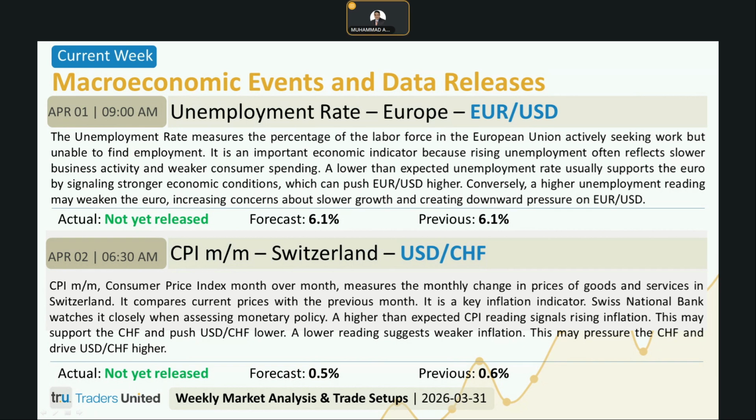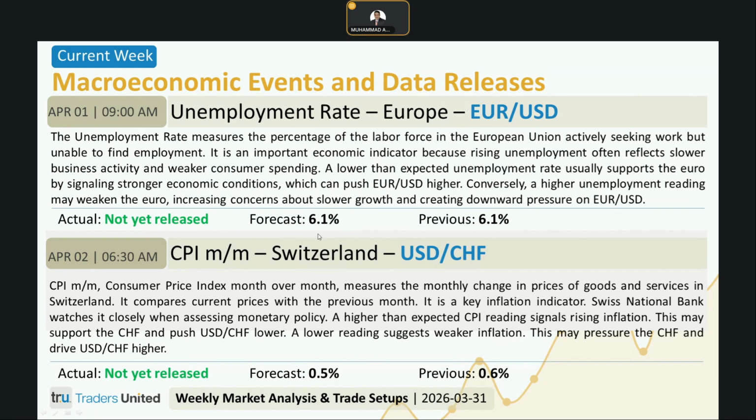So right now, I would say the short-term sentiment favors US dollar strength, reflecting risk-averse positioning. So the bias is basically down.